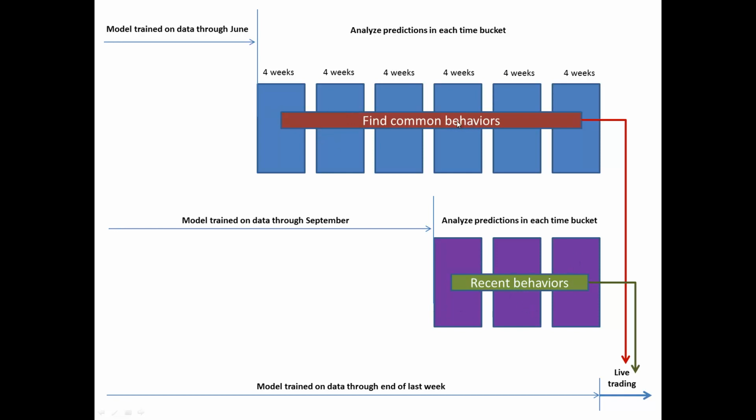Previously, we were taking 6 4-week buckets and then looking for common behaviors that yield a nice profit with the fewest amount of trades. And the concern was that the character of the market can change, and then we're not keeping up with how things are currently behaving. And so I'm using a different method that uses just half that amount of data. And that's what's being tested here in January.